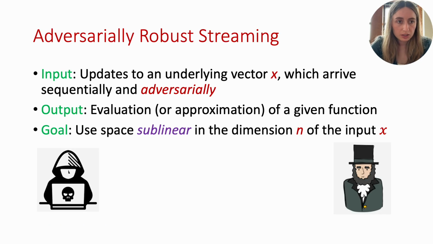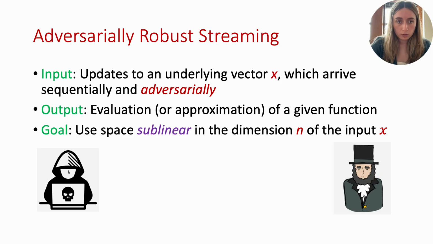Now, another place where a similar issue comes up is in the adversarially robust streaming model. In this model, updates to an underlying frequency vector arrive one at a time, as before, but now we can think of them as being chosen by an adaptive adversary. So at each time point, the algorithm will receive an update from the adversary, and it will provide an evaluation of the given function on the prefix of the stream that it has seen so far.